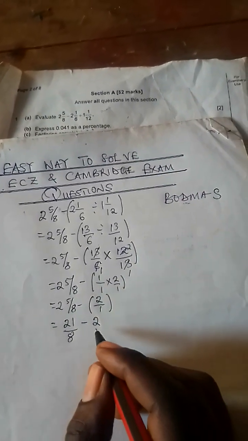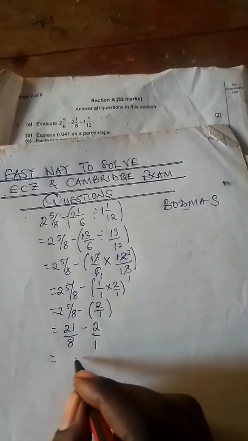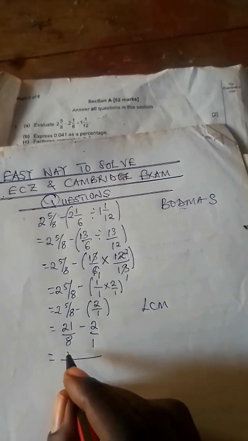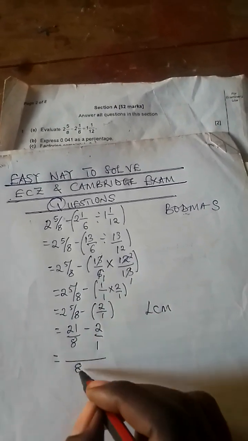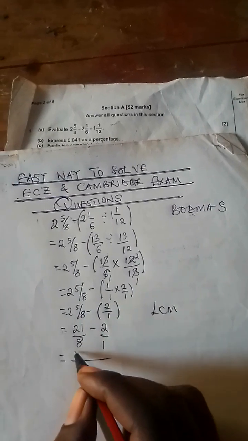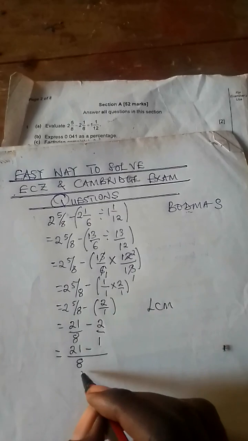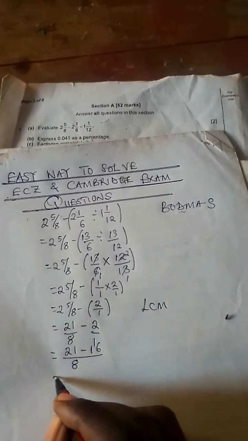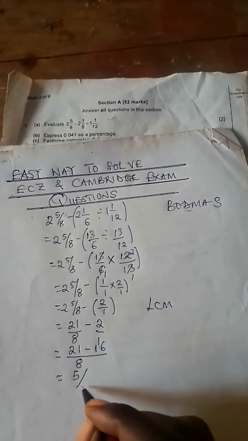Okay, so we're going to have a 2 over 1, and then we look for the LCM, which is the lowest common multiple. Here it is 8 there, then 8 into this one, it's 1 times 17, then minus 8 into this, 8, 1 into 8, it's 8, then 8 times 2, it is 16. So 17 minus 16, the answer is 1, then over 8.